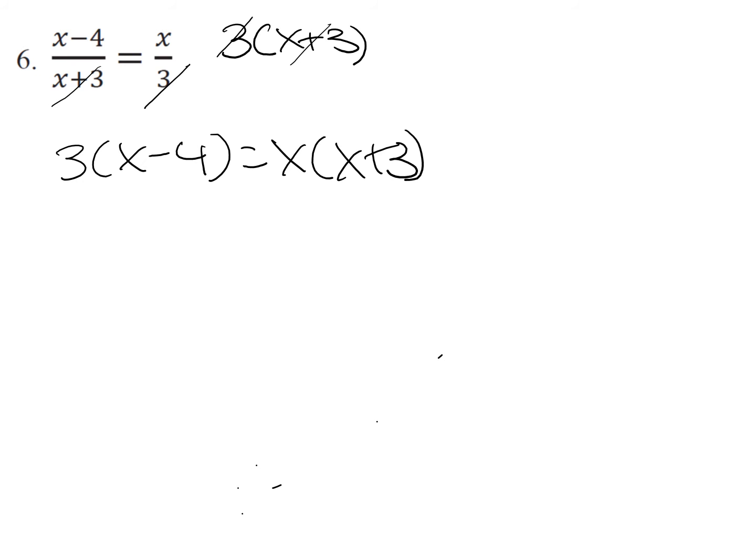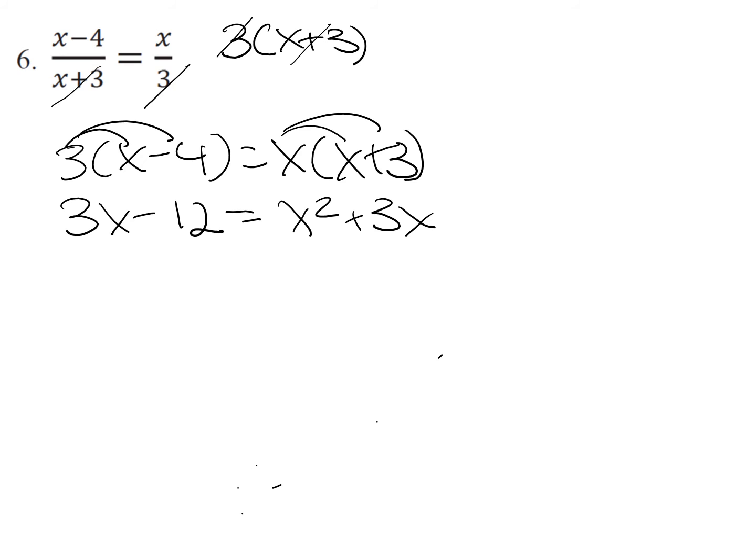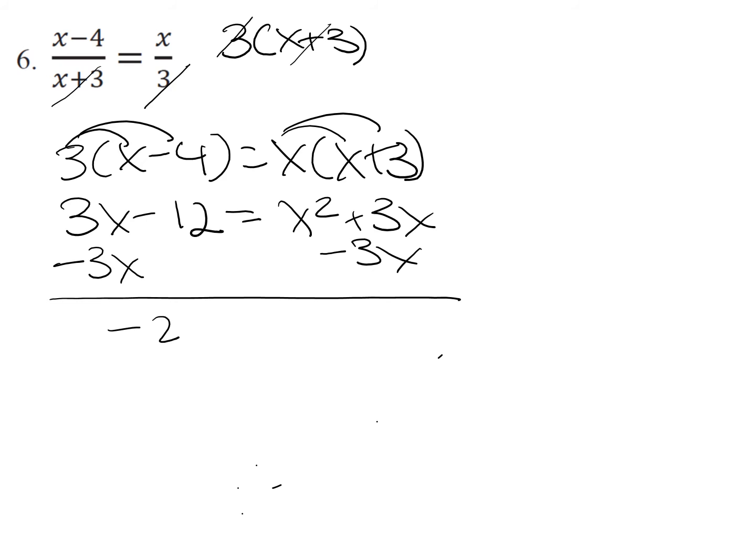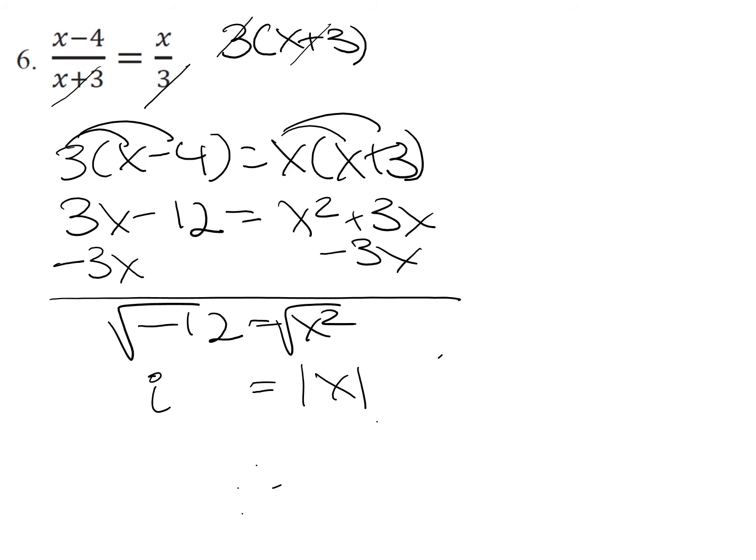This is going to be a little different. Okay, distribute, I'm going to get 3x minus 12 equals x squared plus 3x. I am going to subtract 3x on both sides. I'm going to end up with negative 12 equals x squared, and when I square root, I get absolute value of x is equal to, remember the square root of negative is an i, and then 12 is 4 times 3, and square root of 4 is 2, root 3.